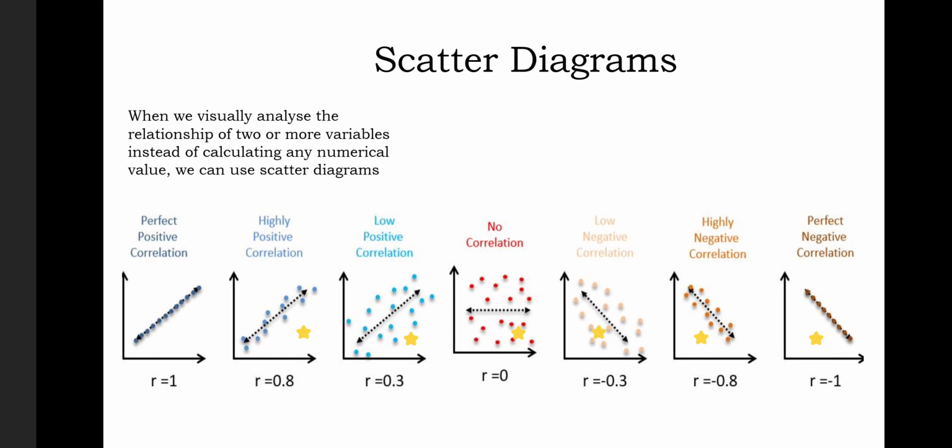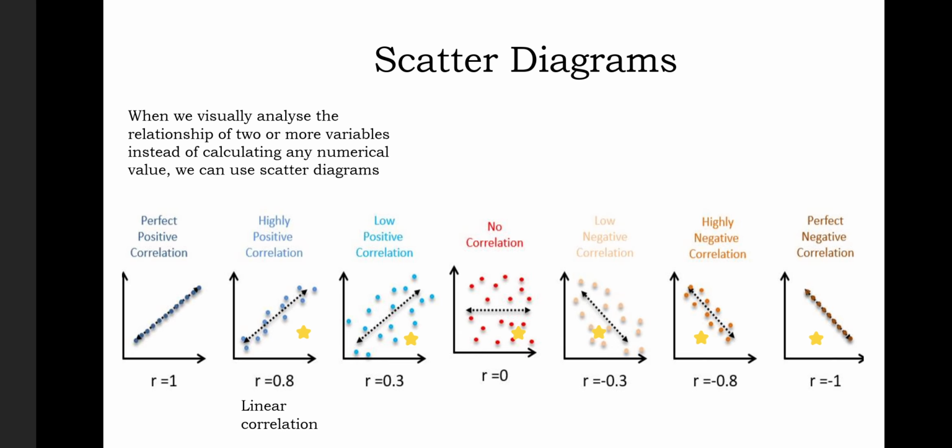Now, one important thing I want to tell you in this chapter regarding scatter diagrams is that if you see a perfect positive correlation or a perfect negative correlation, it is a linear correlation. But it is also true that if you see a highly positive or highly negative correlation, it means the variables are very close. Not perfect, but close. It is still called a linear correlation.